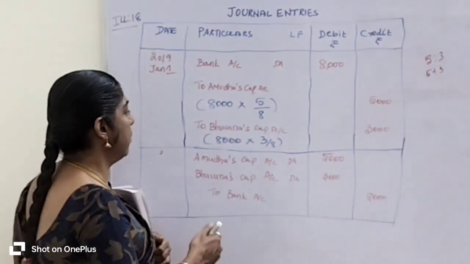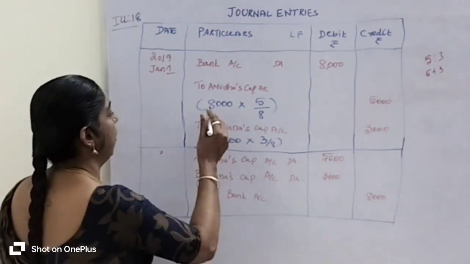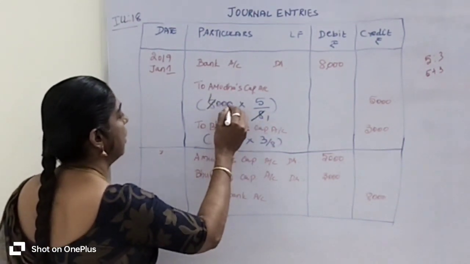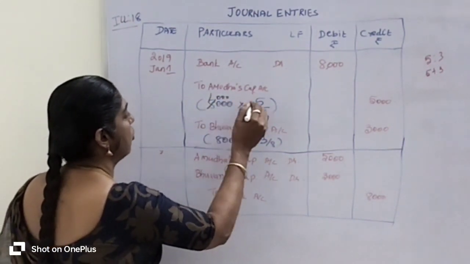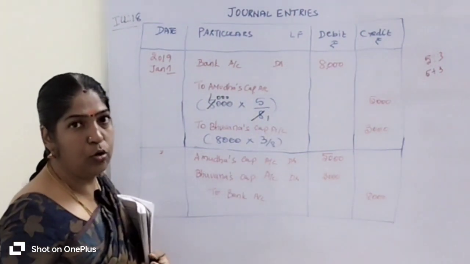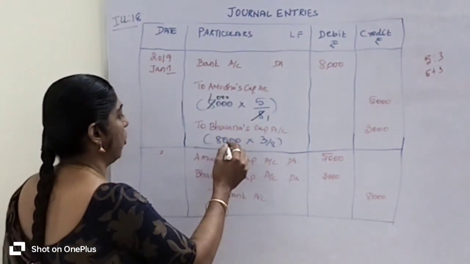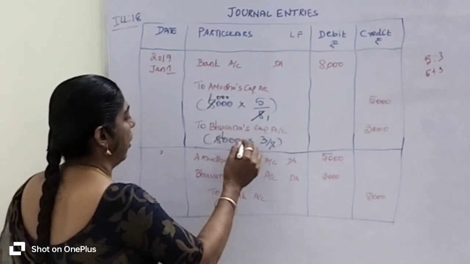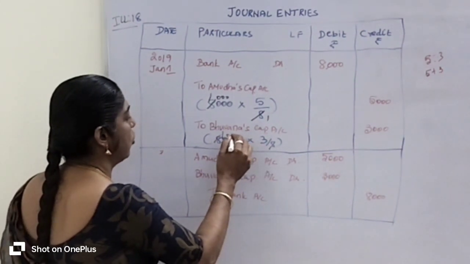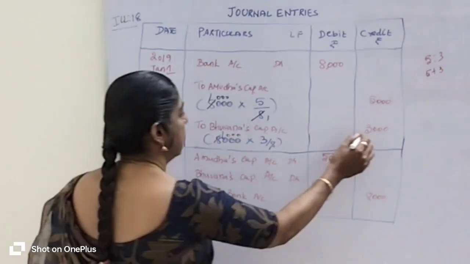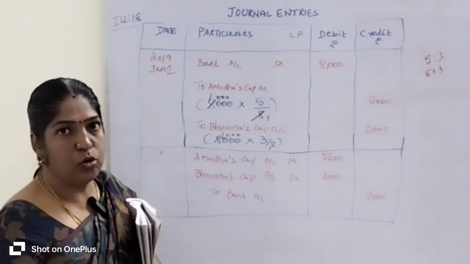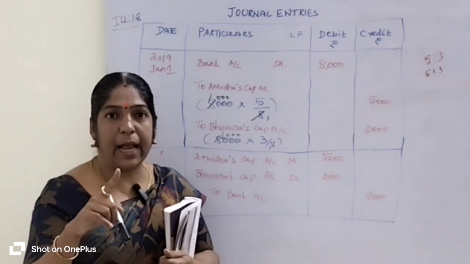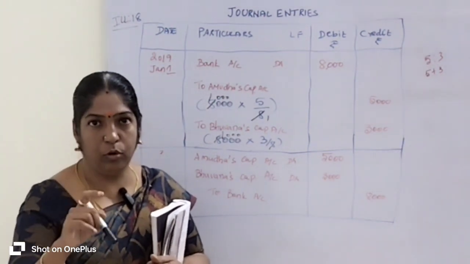First we calculate Amuda's capital account: ₹8,000 into 5/8. 8 into 1,000 is 8,000, so 1,000 into 5 is ₹5,000. Then Bhuvana's capital account: ₹8,000 into 3/8, which is 1,000 into 3, ₹3,000. So the first journal entry is for the new partner bringing cash in the name of goodwill.